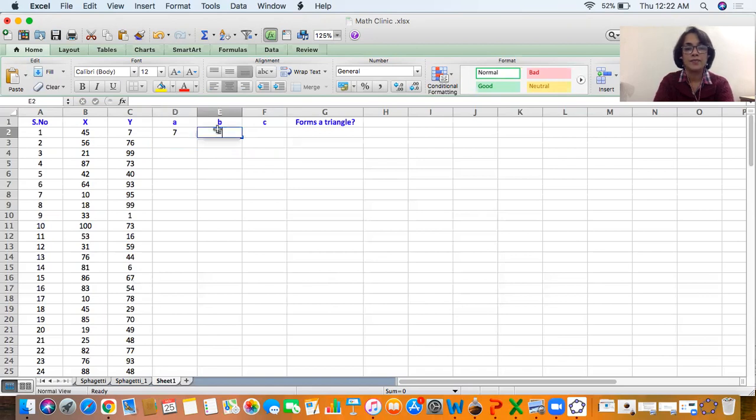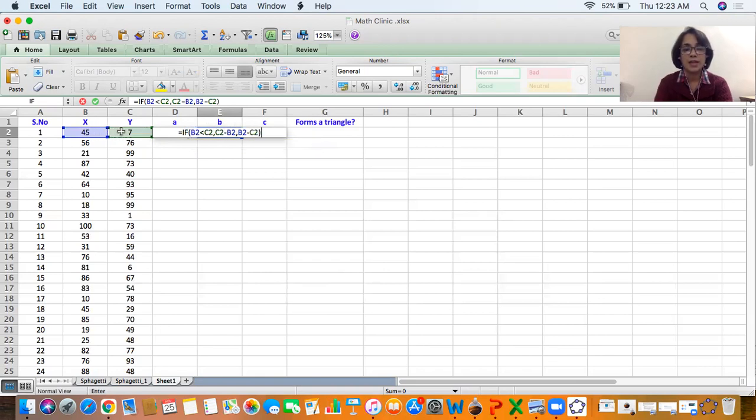And now I'm going to simulate the length B using that condition. If B2 is less than C2, then the length of B should be C2 minus B2, else it should be B2 minus C2. I hope I've got that correctly.